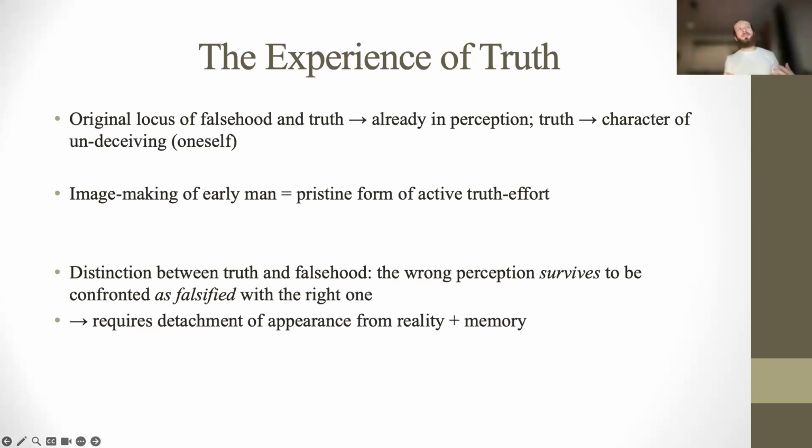Whereas in the case of a simple rectification of an error, which happens in animals, the wrong impression is simply no more. It is replaced by the correct one, and that's it. It disappears.